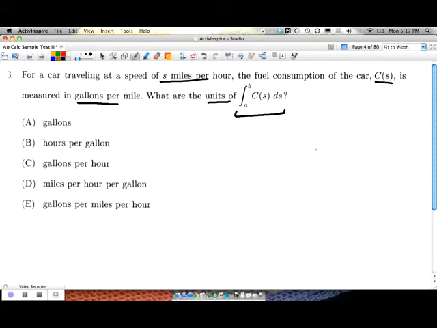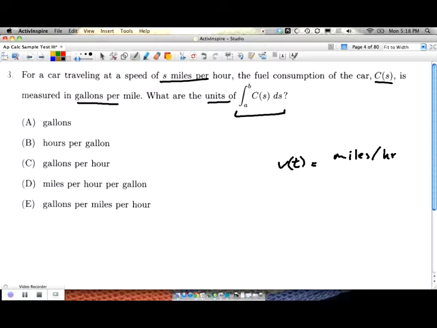So let's take one example and see what the pattern is and then apply it from there. The easiest example I can think of with units is just straightforward velocity, not talking about cost of gallons per mile or consumption of fuel, but just miles per hour. So if we have velocity, that's something that can be written in miles per hour.